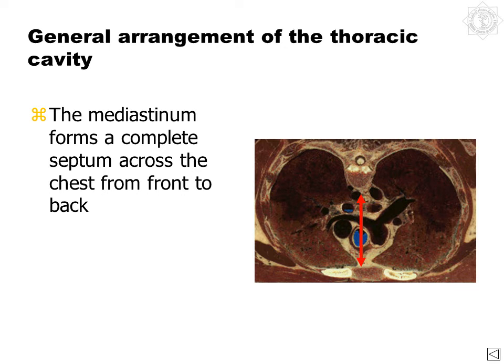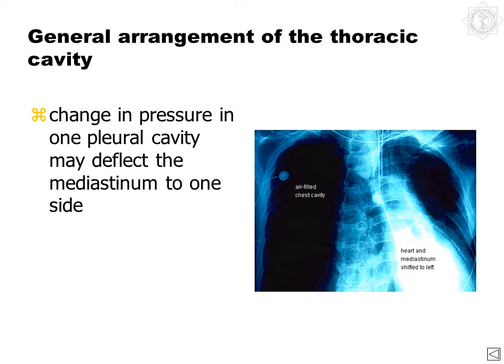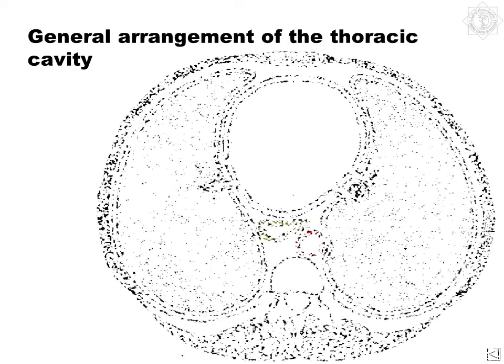The mediastinum forms a complete septum across the chest from front to back. Changes in the pressure in one pleural cavity may deflect the mediastinum to one side. This is a very important clinical problem.